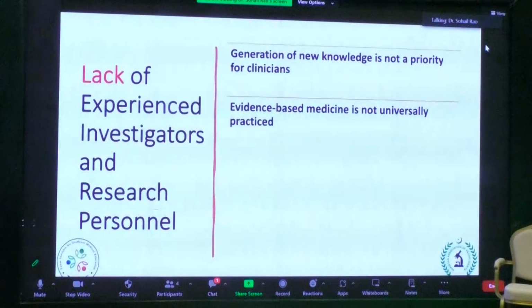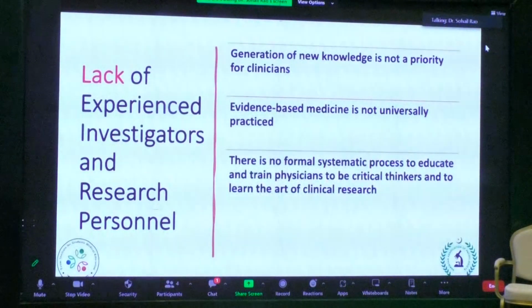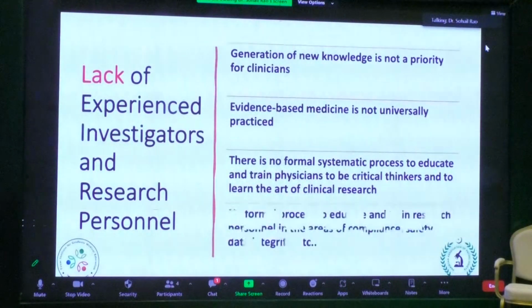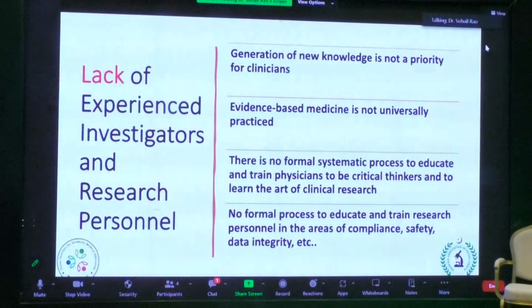In many institutions in Pakistan, there is no formal or systematic way to train physicians to be critical thinkers. And clinical research is an art, and you have to indulge yourself in clinical research to fully understand and appreciate what it means. And again, there is no formal process to train the research personnel in areas of compliance, safety, data integrity, and so that creates a serious barrier for conducting research in Pakistan.